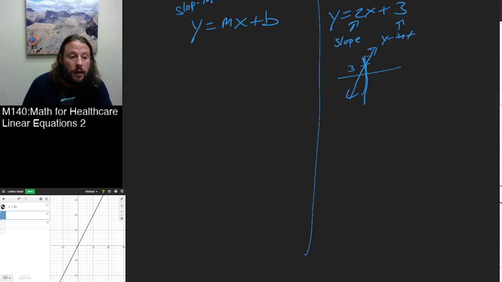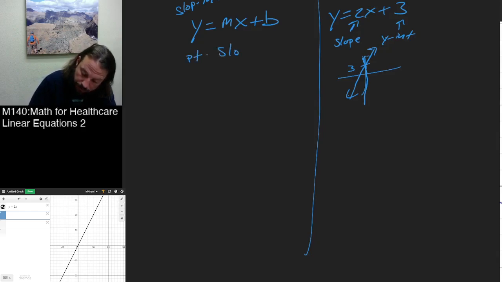All right. And then we have the point-slope form. This looks like y minus y1 is equal to the slope times x minus x1.